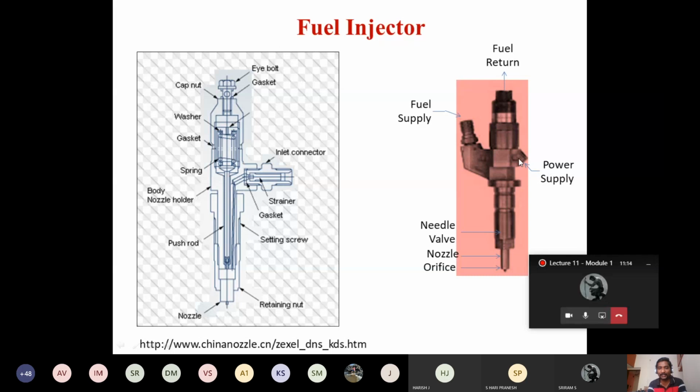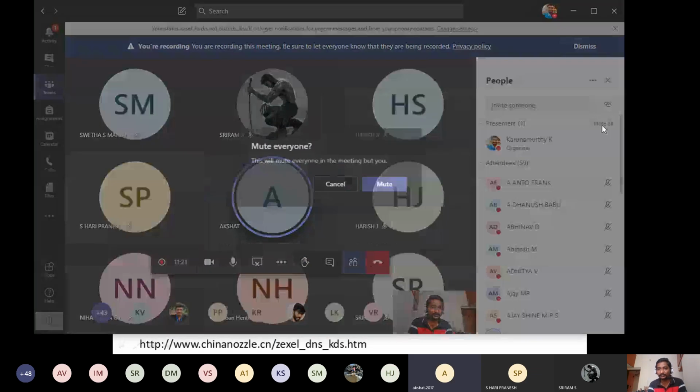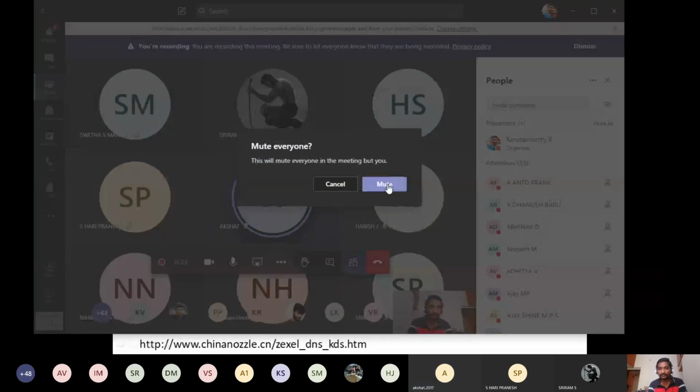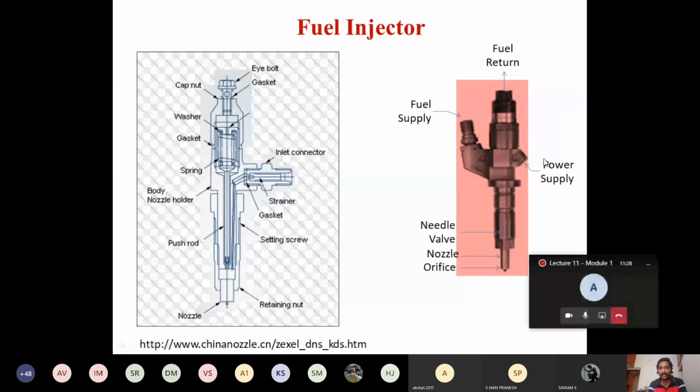And using that power supply, we will have the opening and closing of the orifice. So the opening and closing of the orifice is done by the power supply that is given to the fuel injector, right? And the activation can be either by the solenoid method or by the piezoelectric method.